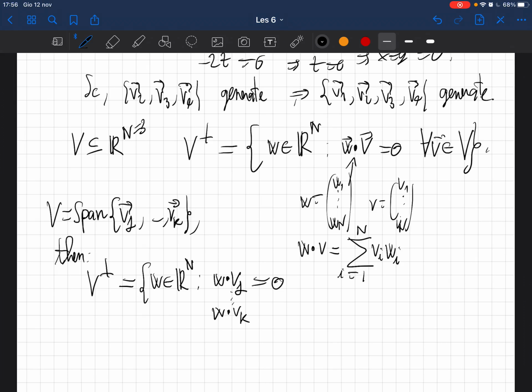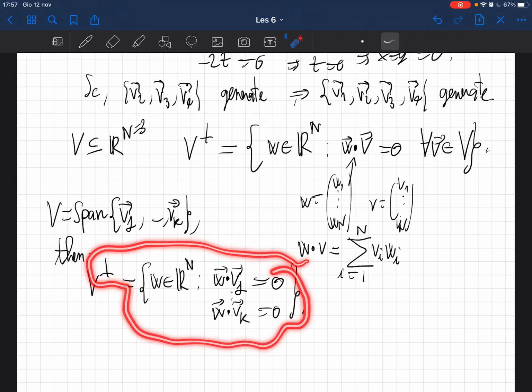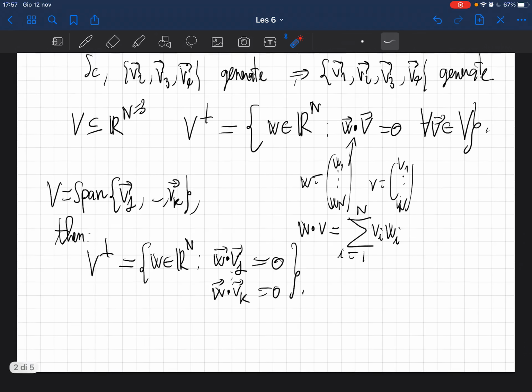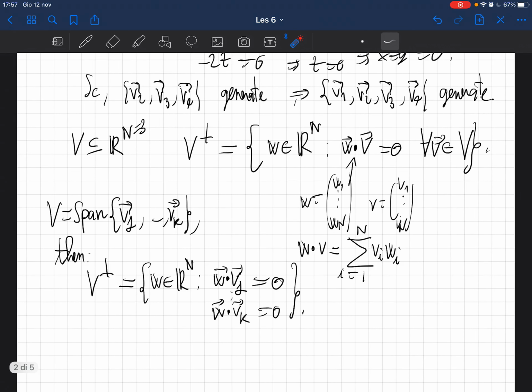So the vectors have to be orthogonal to all vectors in V, but if V is the span of some vectors, you can check that it's the same. You can check just orthogonality with the generators. Okay, fine, this will help.